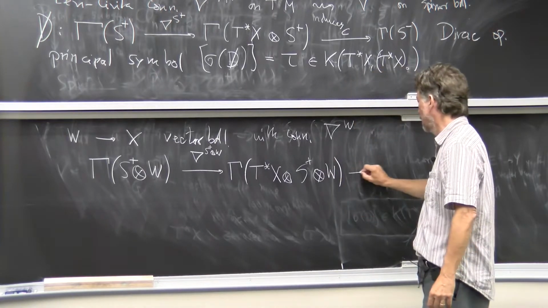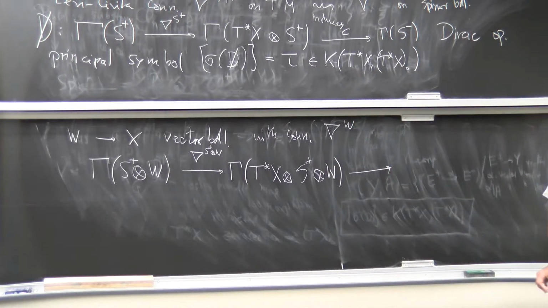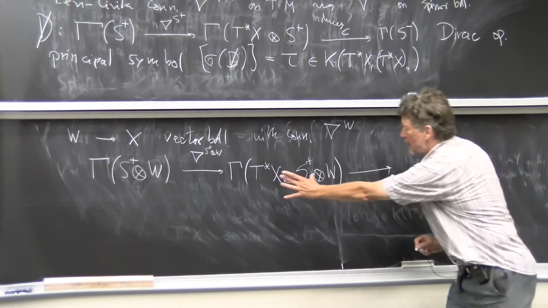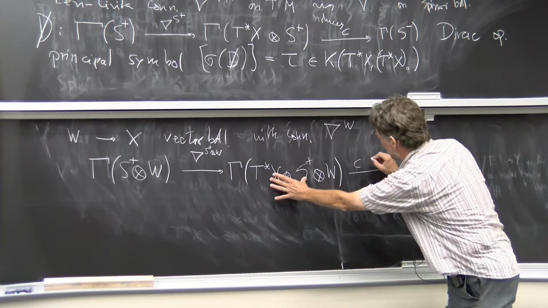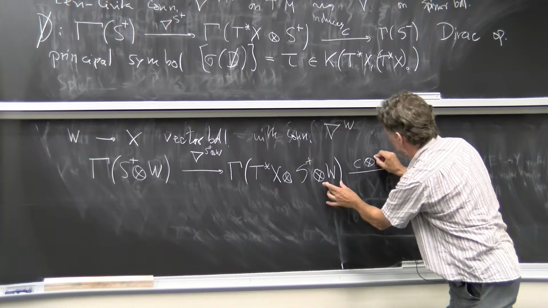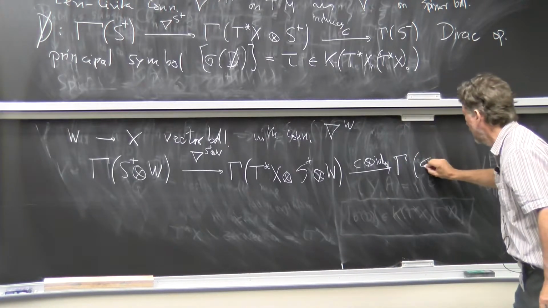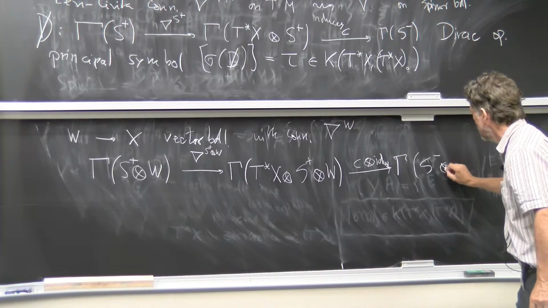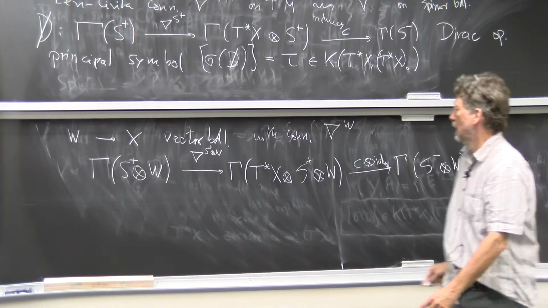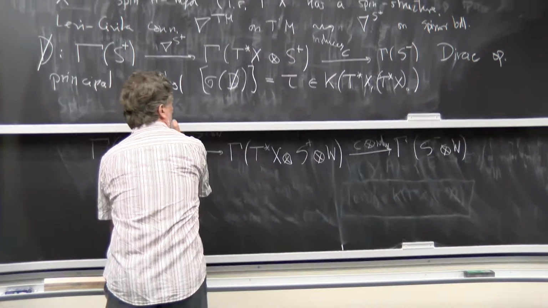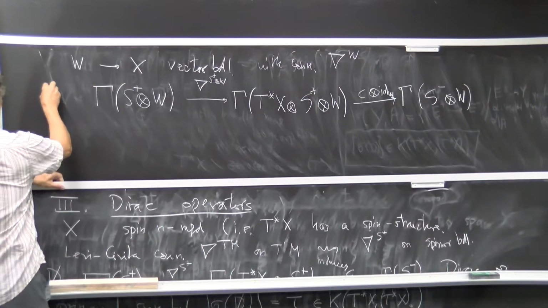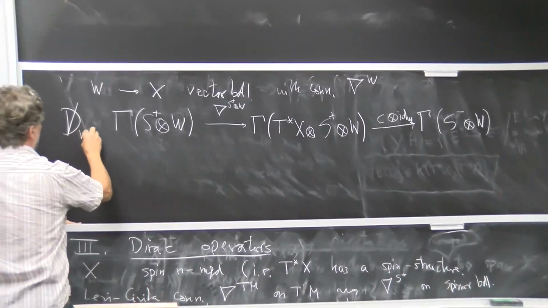But now you want to cut it back to size, well, you use the same technique, right? Since you have a map that contracts those two things, and you don't do anything to W, to go back to the sections of S minus tensor W. And the notation for that is typically like this.